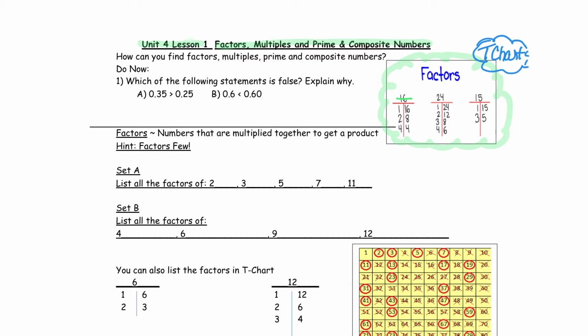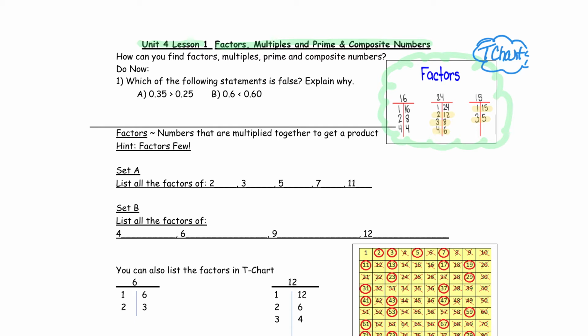For the first one, it's 1 times 16, then 2 times 8 and 4 times 4. For 24, it's 1 times 24, then 2 times 12, 3 times 8, and 4 times 6. And lastly, factors of 15: 1 and 15, 3 and 5, and we are done. So this is what we're going to be looking at in this particular lesson.